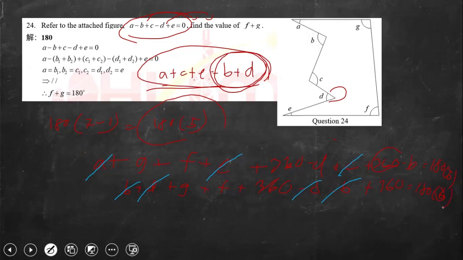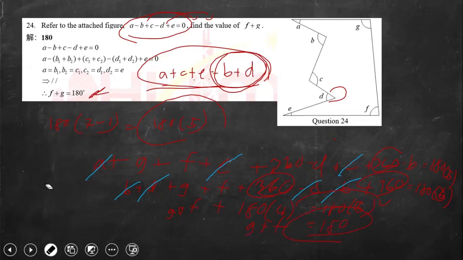Okay, well, G plus F plus 360. We know that 360 is 180 times 2, so that's going to be 180 times 4 on the other side. So we have 2, and we have 2. Yes. Okay. And transpose this, we're going to be left with 1. And that's how we can compute.